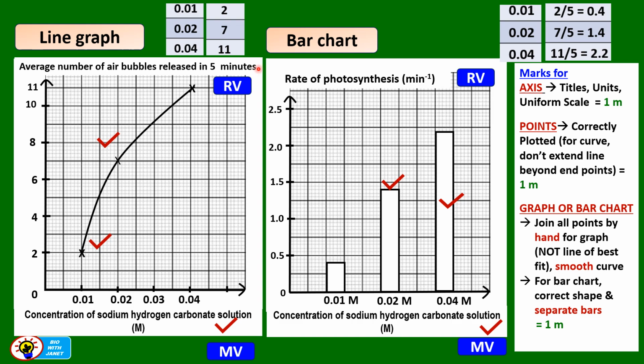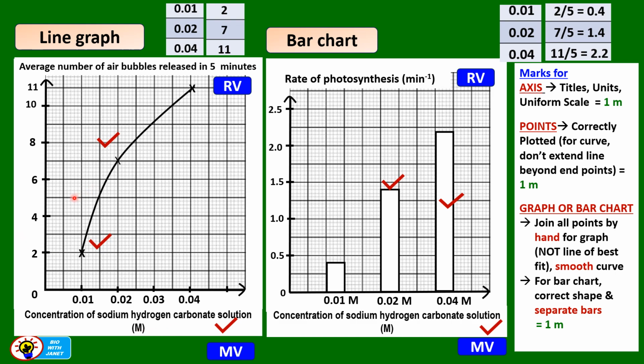For average number of air bubbles released in 5 minutes, there are no units because we are already told it is a number of air bubbles. But in the textbook also, they never give any units for this. But concentration of sodium hydrogen carbonate solution has a unit. It's either molar, M, or percentage, depending on the question. So take note of what the unit is in the question.